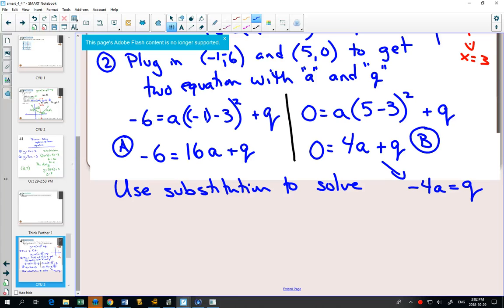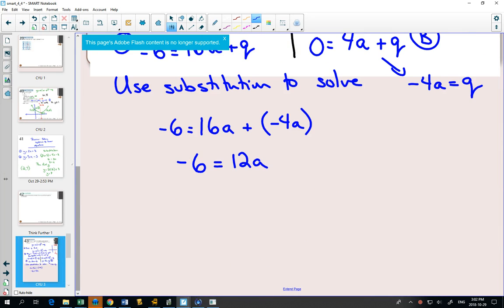And so now I can go to equation A. -6 equals 16a, but instead of writing q, what am I going to write instead? -4a. So -6 is equal to 12a. Divide both sides by 12, and I get a is equal to -1/2.